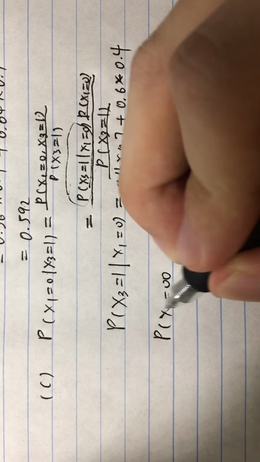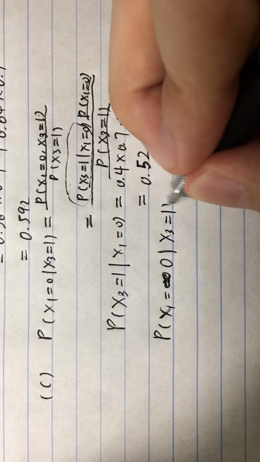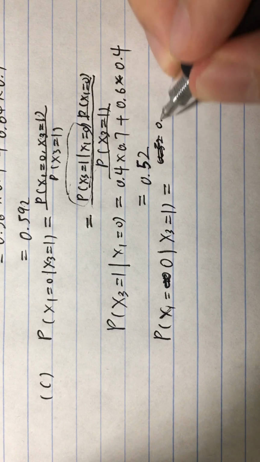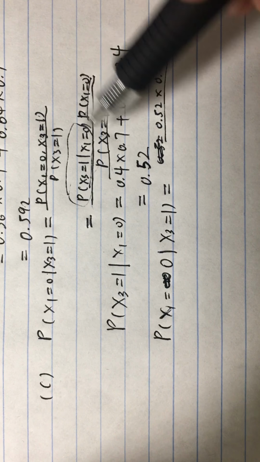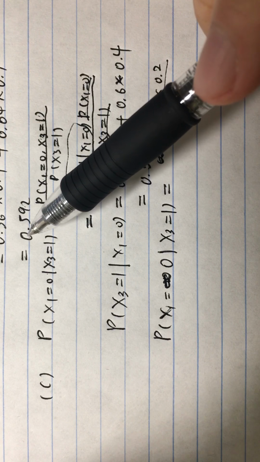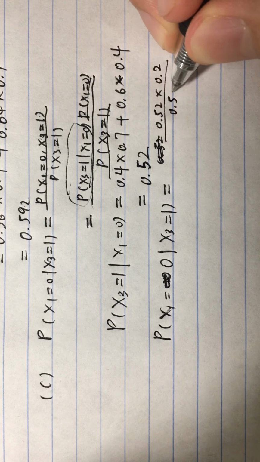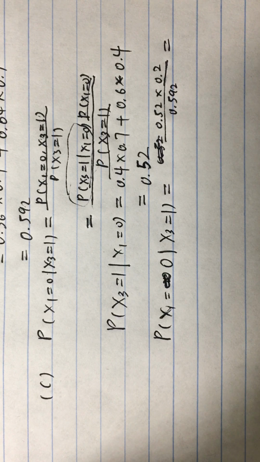So now we can get the probability that x1 equals 0 when x3 equals 1, which equals 0.52 multiplied by 0.2 over the probability of x3 equals 1 which we got, 0.592.